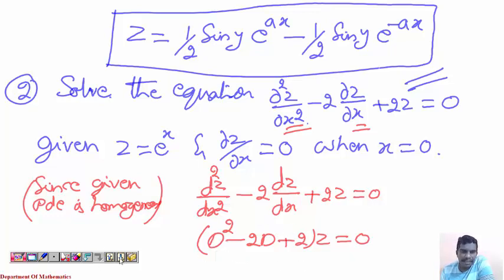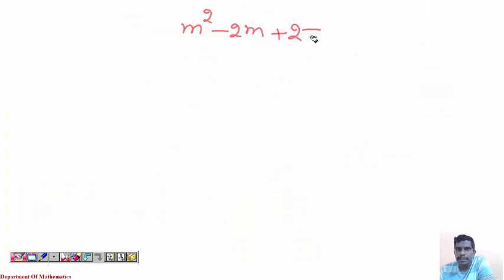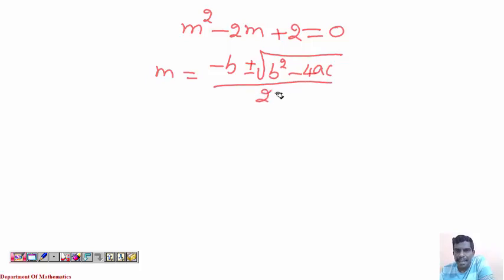To find the complementary function, we write the auxiliary equation: m² minus 2m plus 2 is equal to 0. Now we'll find the solution of this quadratic equation. For this, the m value will be equal to minus b plus or minus square root of b² minus 4ac, divided by 2a.